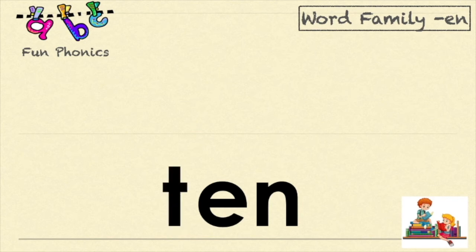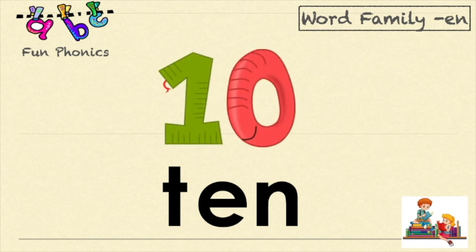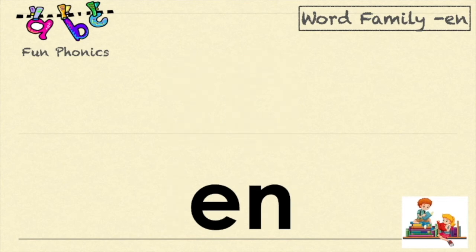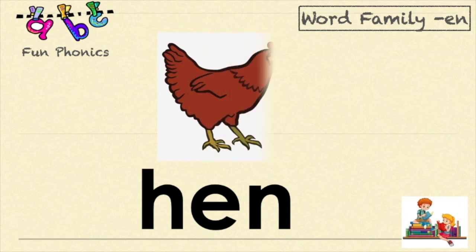This is letter T. The sound of T is T. Ten. Correct. Ten. This is letter H. What is the sound of H? H. So it's hen.